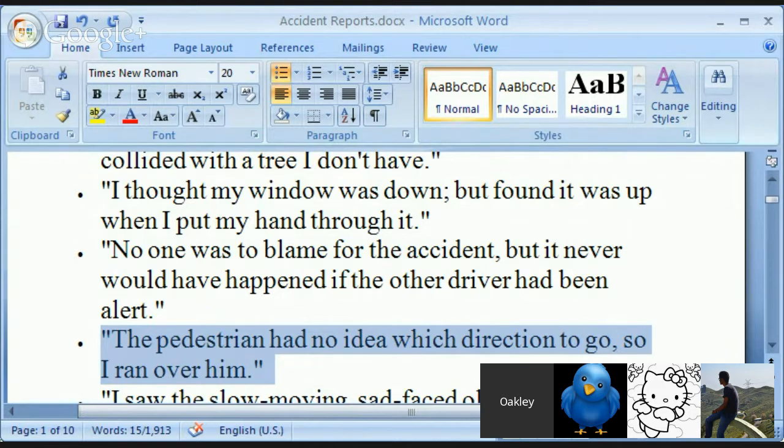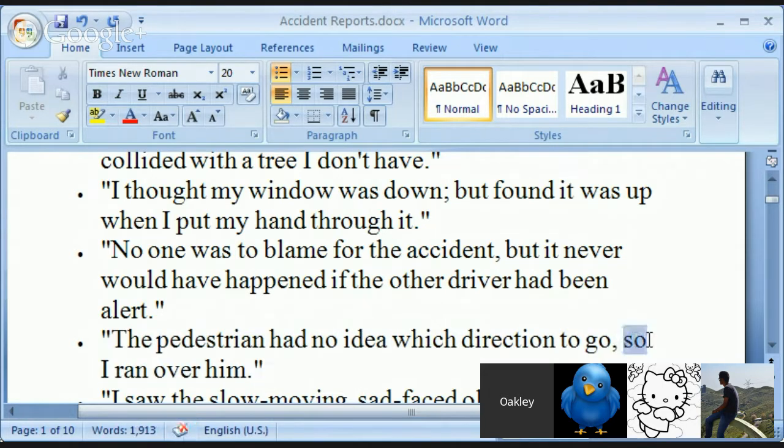Okay. Nader, how about this next one? The pedestrian had no idea which direction to go, so I ran over him. Fair enough. The other man is confused. Now, the way it's worded in English, because we're using the connective so, it shows a result.